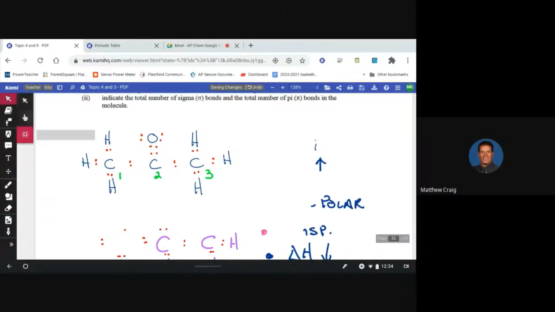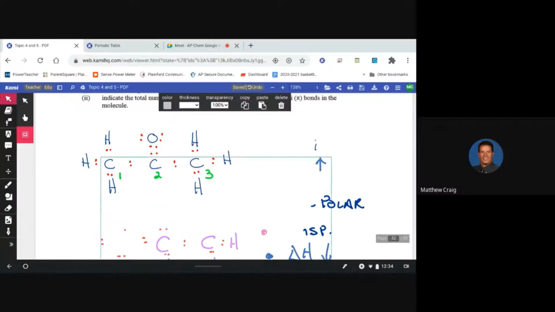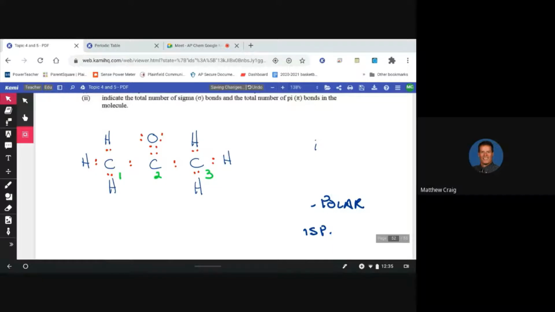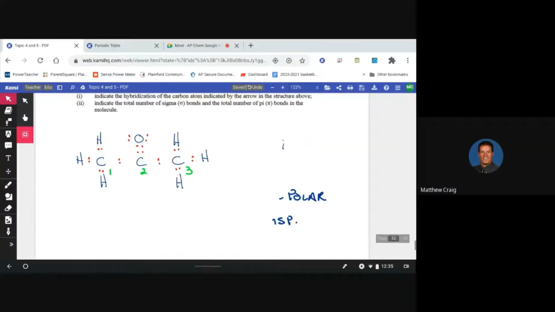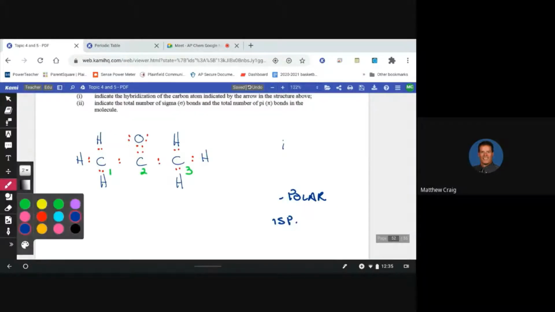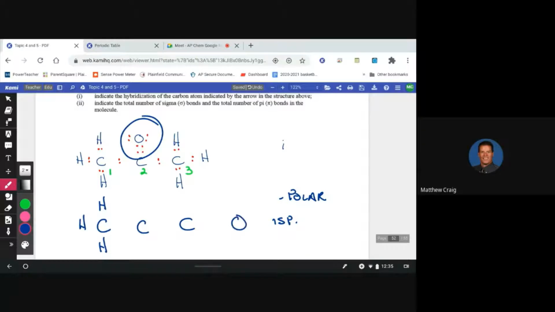So let me erase this so I have room. If I have my carbons situated as they are, carbon, carbon, carbon, I can now have hydrogen here, which doesn't change anything, but I can move this oxygen over here.